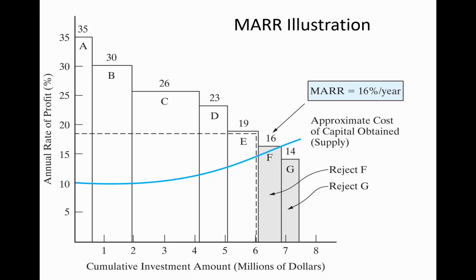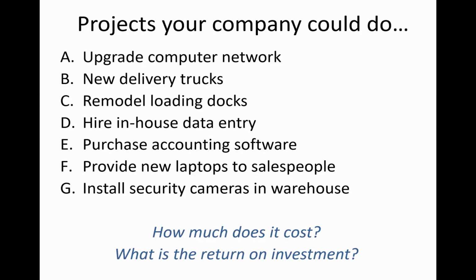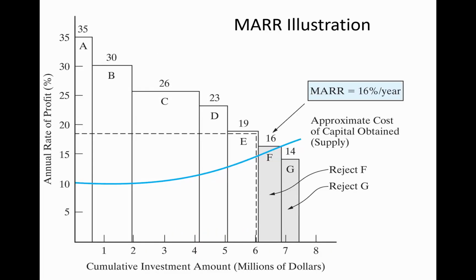Remember that option A was upgrade your computer network. You can see that in this case, the cost that we've estimated is the width of the bar. Down on the horizontal axis, we have tick marks that indicate $1 million, $2 million, and so on. It looks like option A has a cost of about $600,000.